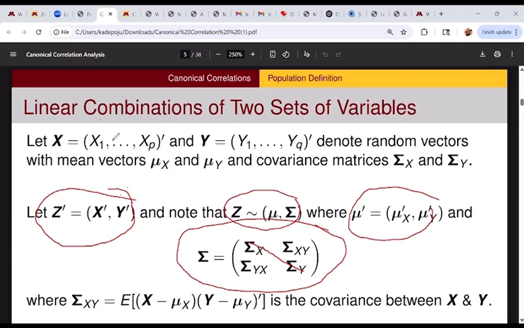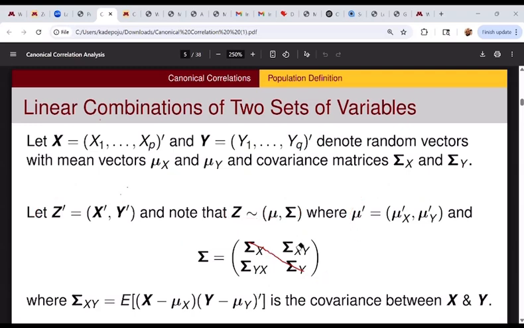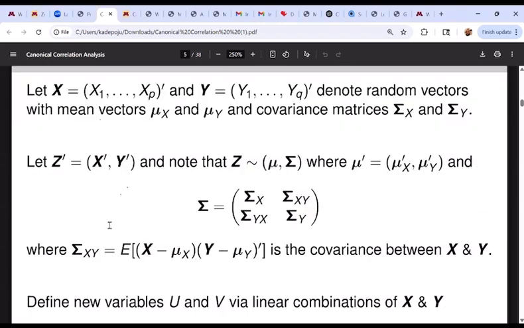Now, the next thing I want to talk about is how you're going to get this one, which, of course, we've done before: the covariance between X and Y.